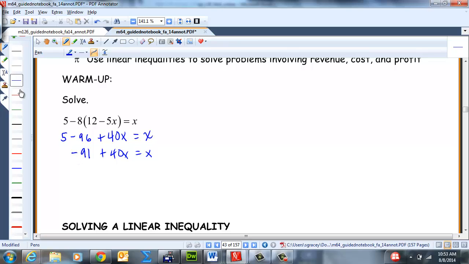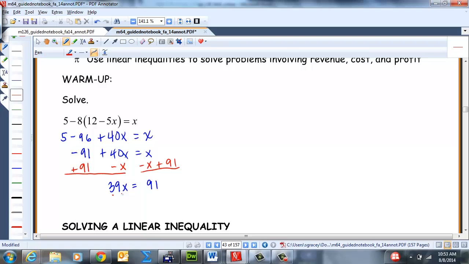If I add 91 to both sides and subtract x from both sides, I will have 39x is equal to 91.